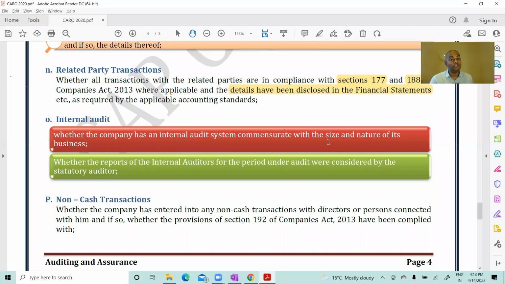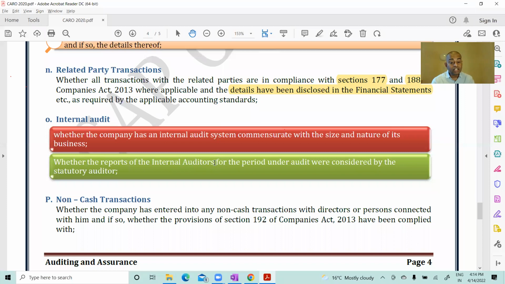But the moment you are a bank, an insurance company, or any public limited company, or if you have payment gateways, if you are into e-commerce, your internal controls and internal audit system should be strong. How strong should it be? It should be commensurate with the nature and size of the business.